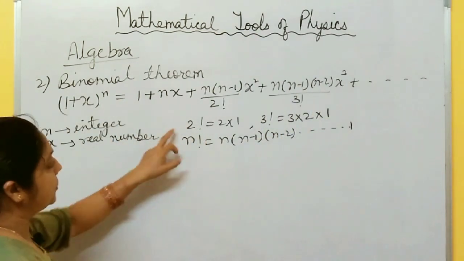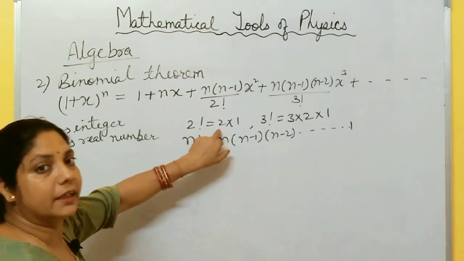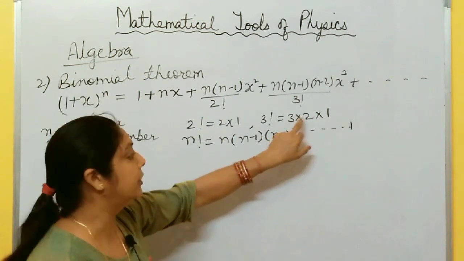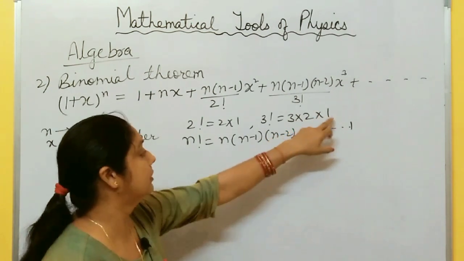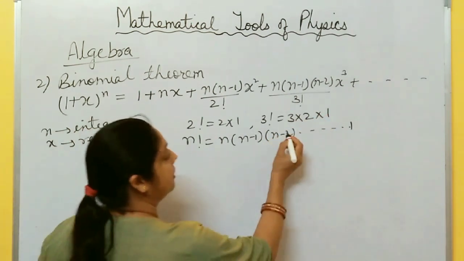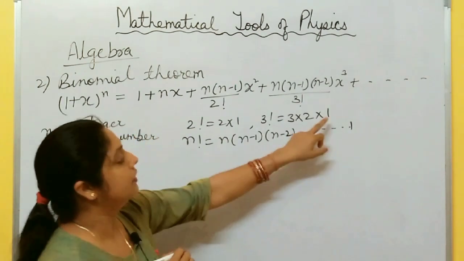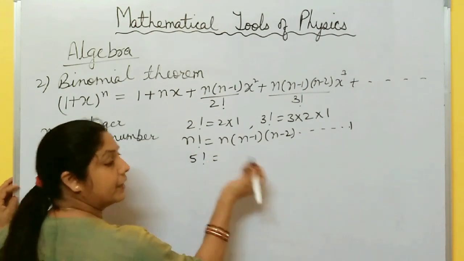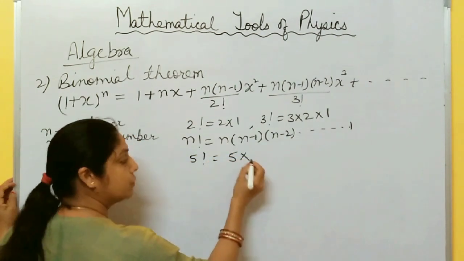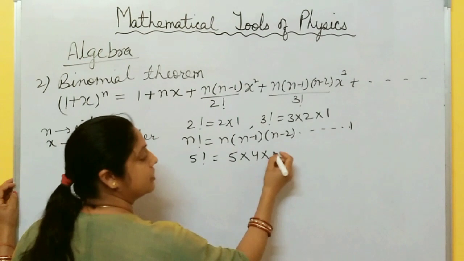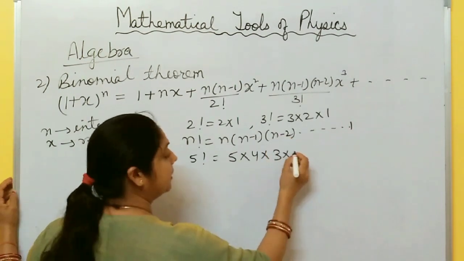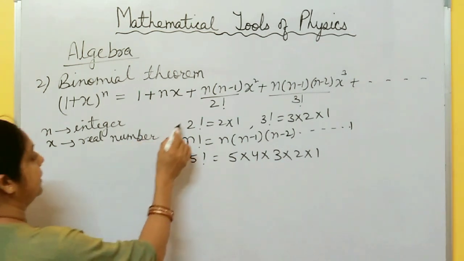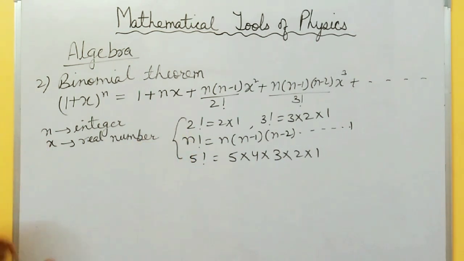So 2 factorial means 2, then 2 minus 1 is 1. 3 factorial means 3, then 3 minus 1, 2, then 1. In this way, suppose 5 factorial. So 5 factorial is what? 5 into 4, then 3, then 2, then 1, up to 1. So these are factorials. You must remember this one.